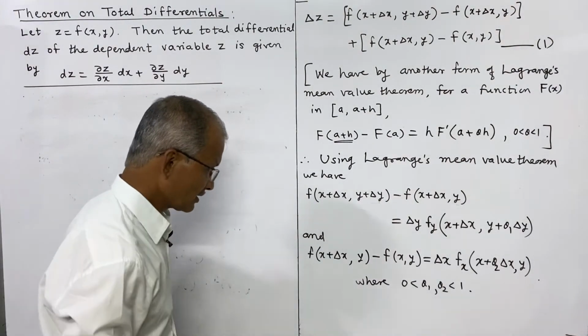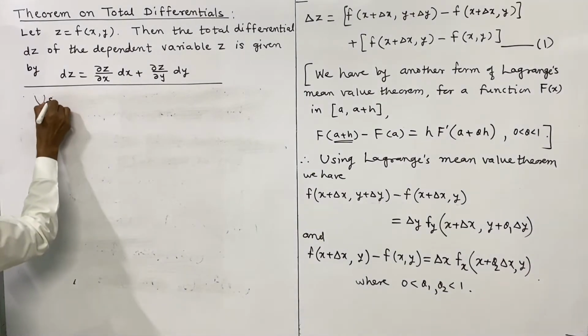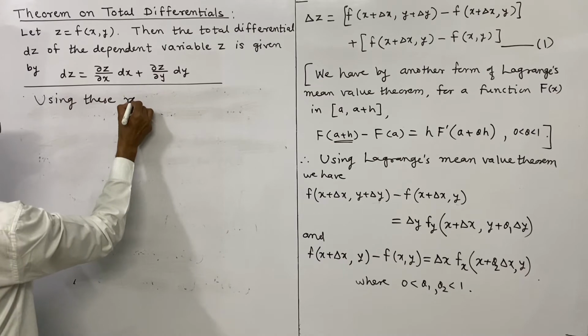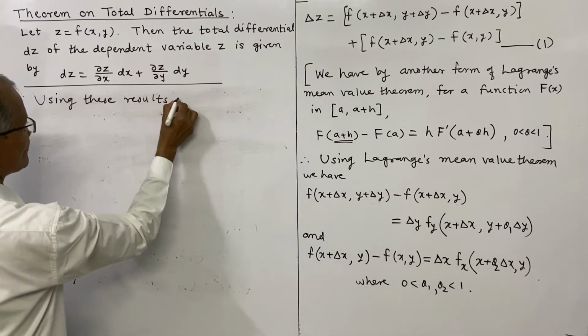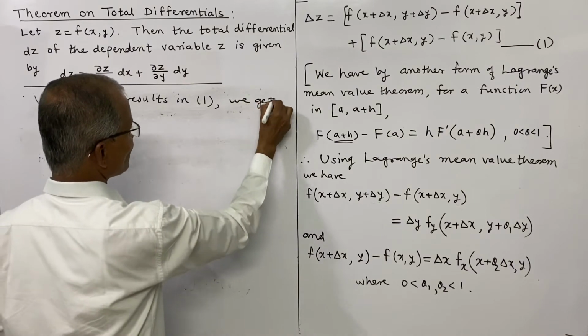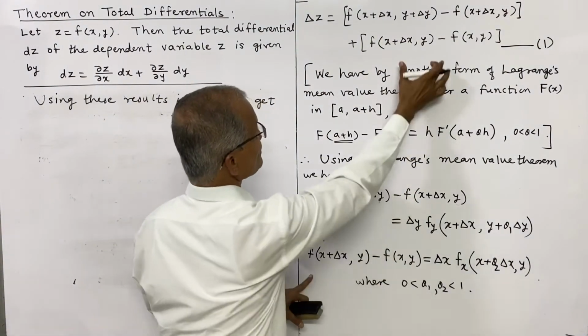Now I will say that using these results in 1, we get, which results do we have to use? These two: this is the first bracket and this is the second bracket.